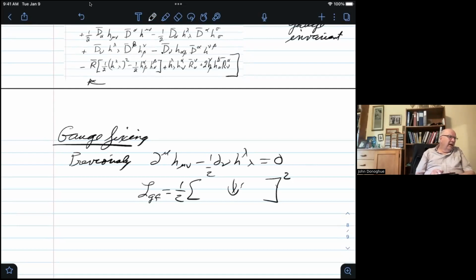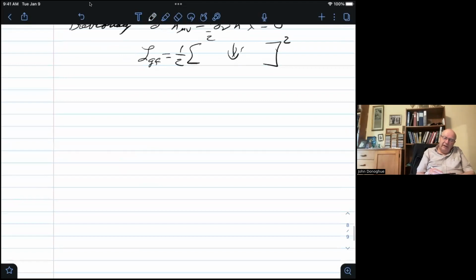Okay. The generalization here I'm just going to do is just convert these. There's some constraints. C nu equals the covariant derivative on this background field.